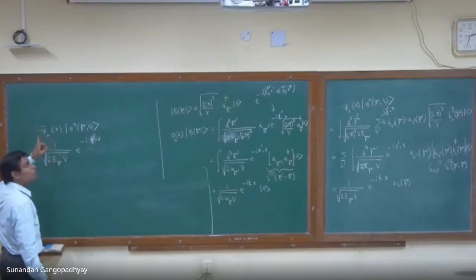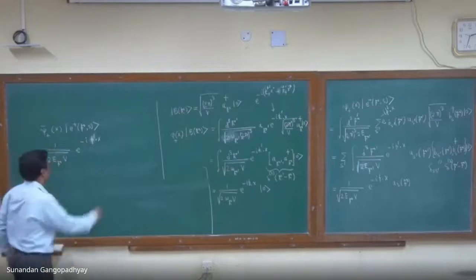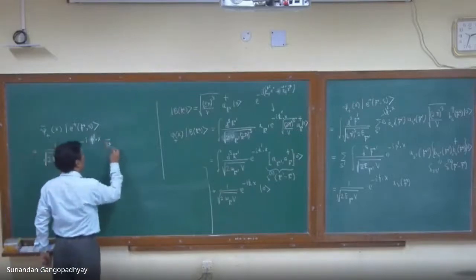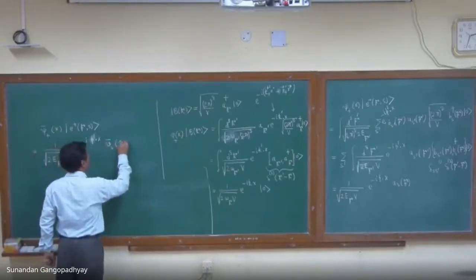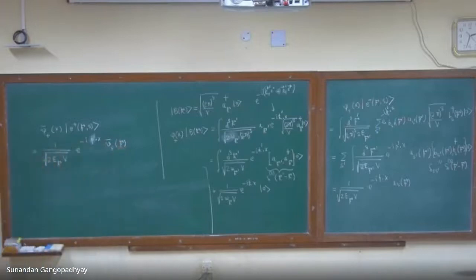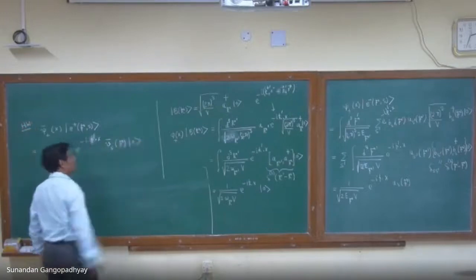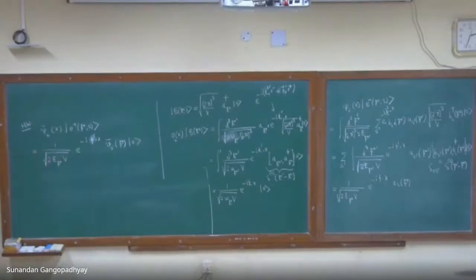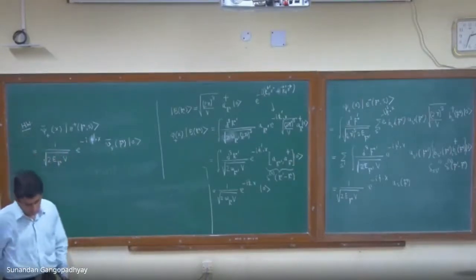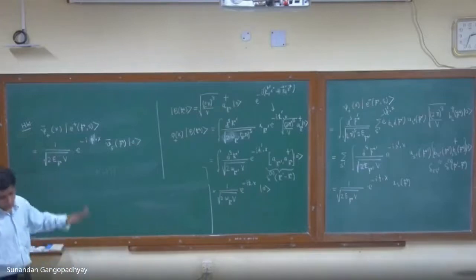So positron and momentum P, so this will be V bar. So do the calculation. Please check it. That's it. Please do this. Simple to do. Exactly, you proceed in the same way.